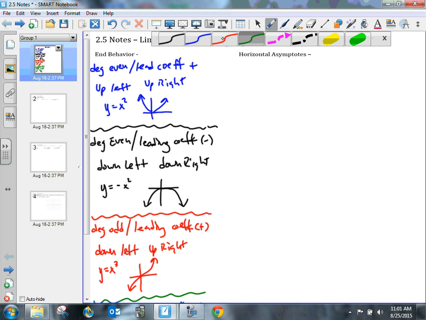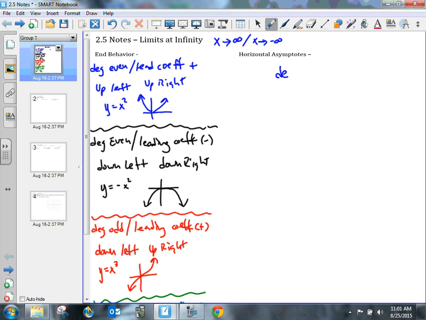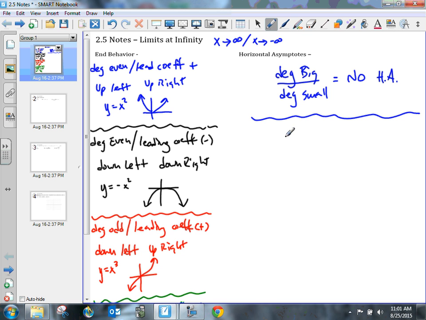And so we've got three scenarios for horizontal asymptotes. The first one is if the degree of the numerator is big divided by the degree of the denominator is small, then we get no horizontal asymptote, okay?